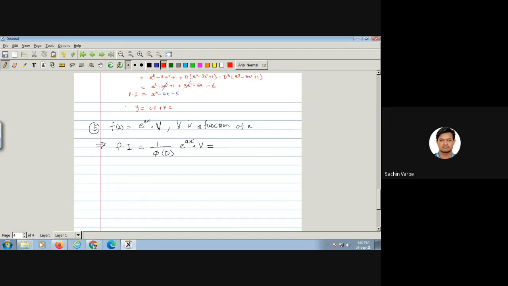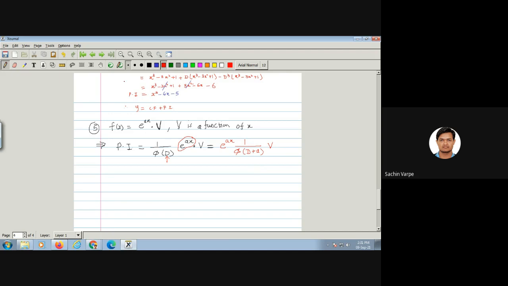So what we have to do, we have to take this exponential function outside the operator. When I take e to the power ax outside the operator, there will be a change in this D. So what is that change? 1 upon phi of D plus a, and that is operated on v.